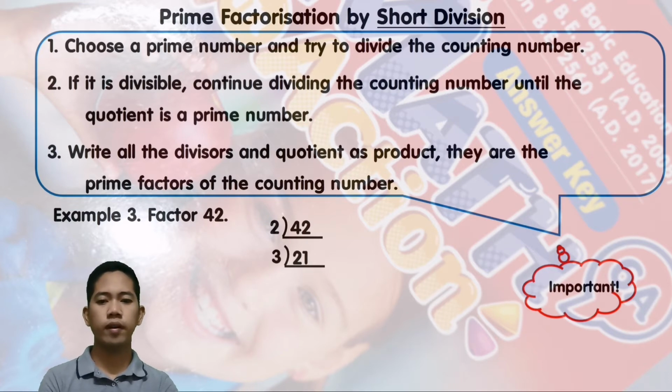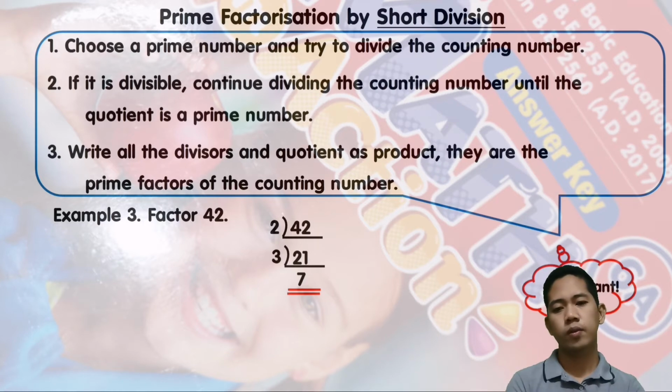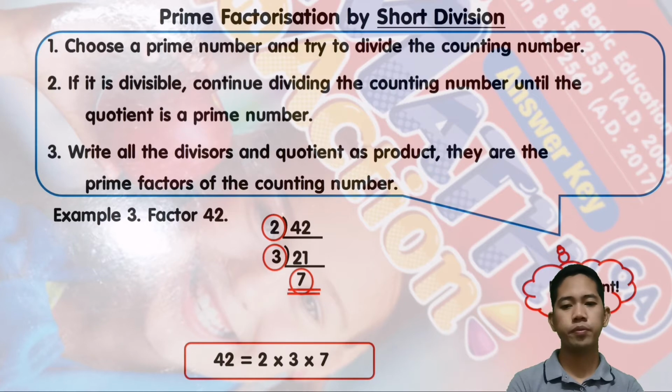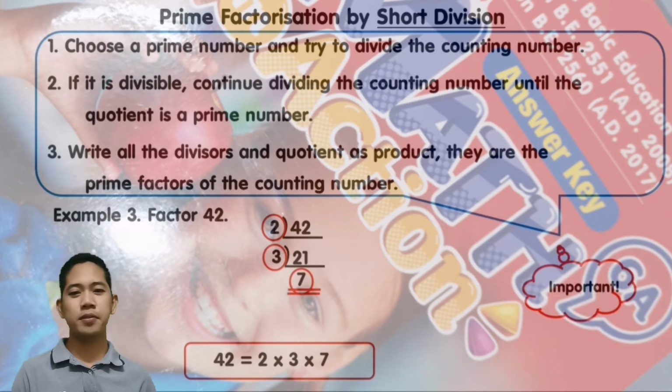What is 21 divided by 3? Yes, it is 7. So, is 7 a prime number already? Yes, it is. So, let us write again the divisor and quotient as product because they are the prime factorization of 42. So, 42 is 2 times 3 times 7. Can you do it by yourself now, students?